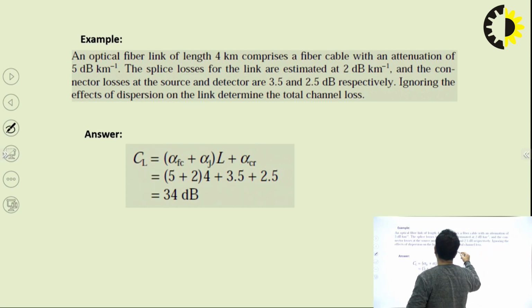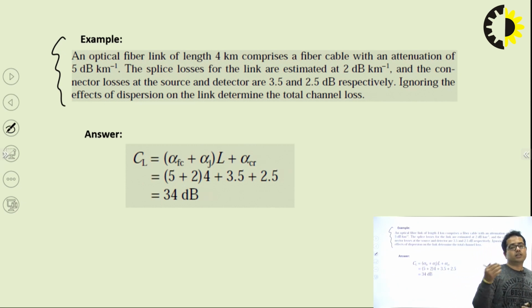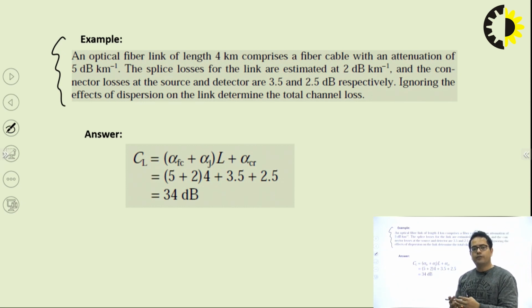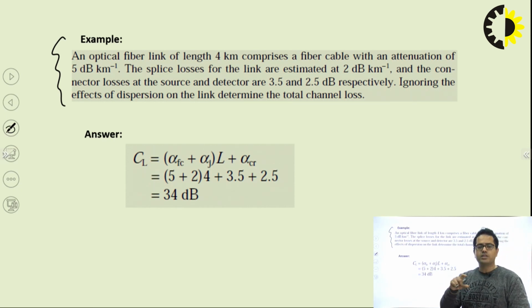So this is the numerical that can be framed, just asking what are the joint losses. In that case you have to use this formula for calculating those losses, especially for the channel, meaning the optical fiber.